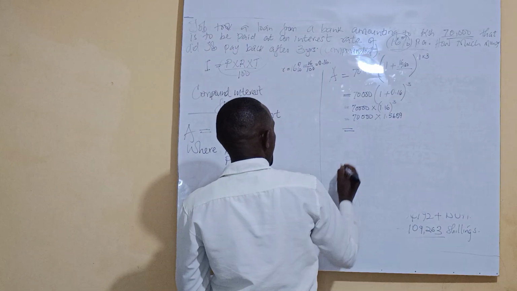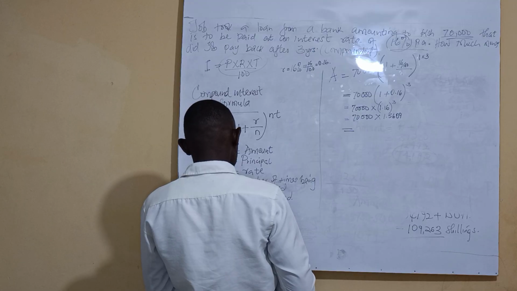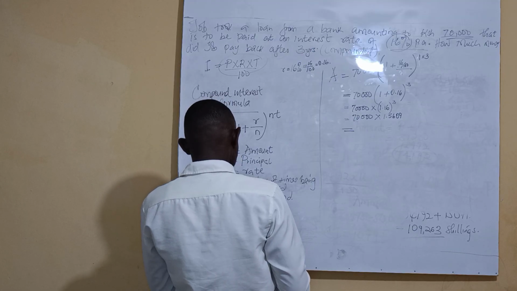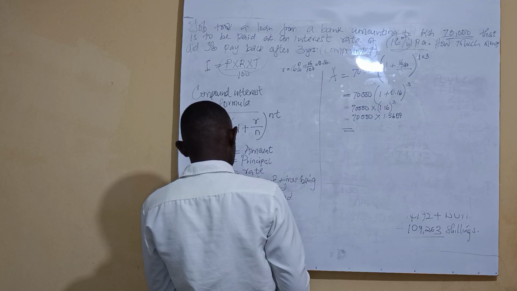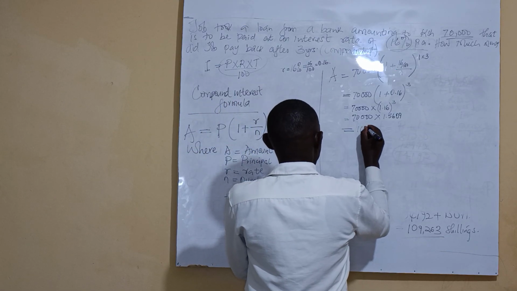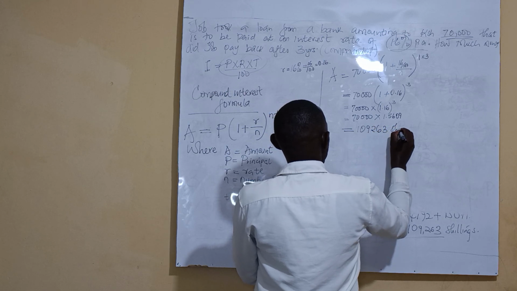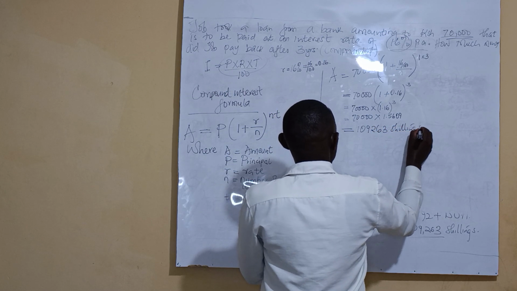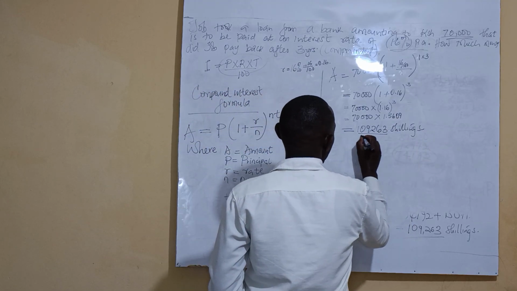And then when you multiply by 70,000, 1.5609 multiplied by 70,000 is giving me 109,263 shillings. So that one gives us the final amount.